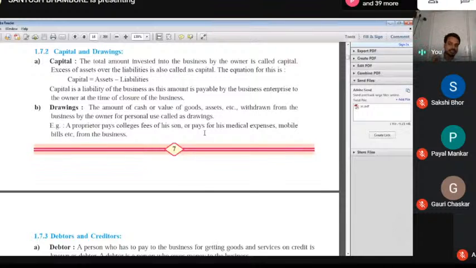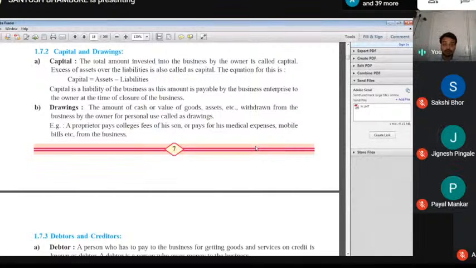Excess of assets over liability is also called capital. First of all, we need to know assets and liability. What is meant by liability? Who is going to explain the meaning of liability? Payable by the business.